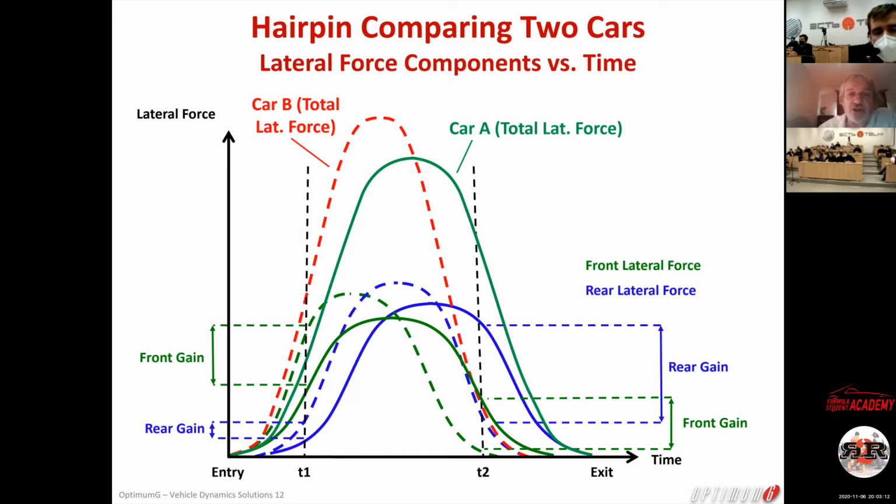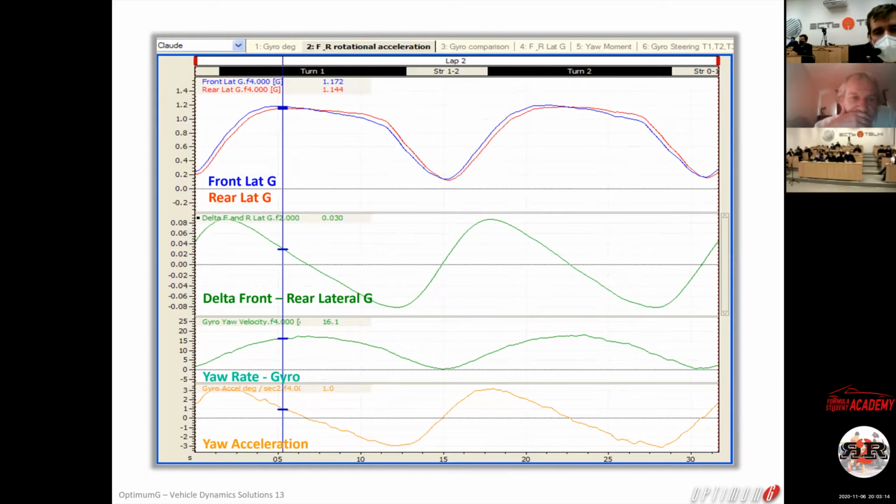So let me show you real data here. You have an example here of, in blue, the front lateral acceleration, and in red, the rear lateral acceleration. And you see that there is more G on the front than on the rear. Then at the exit of the corner, the G goes down much quicker on the front than on the rear.